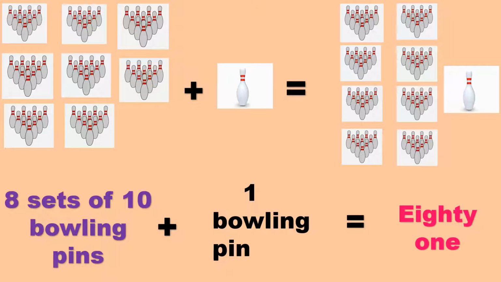Add one more bowling pin. It means 81 bowling pins in all. So 8 sets of 10 bowling pins add 1 bowling pin equal to 81 bowling pins in all.